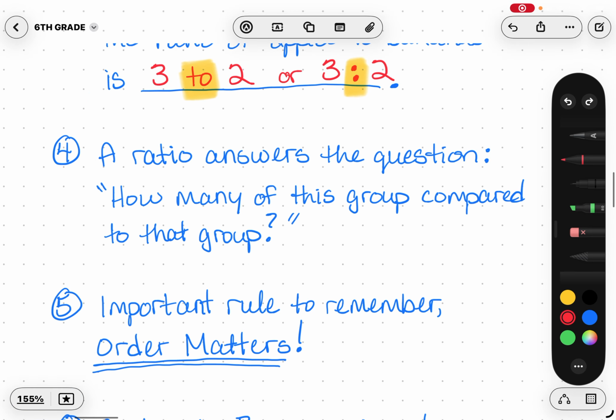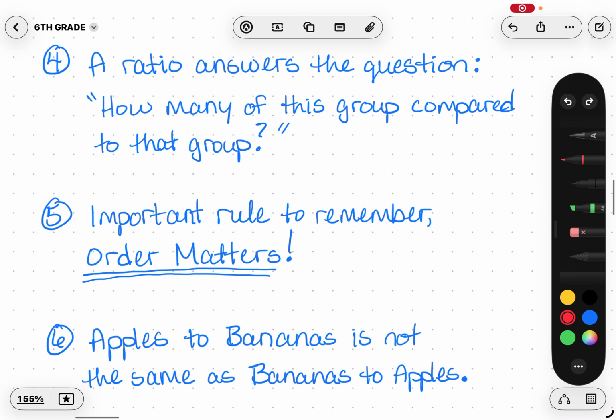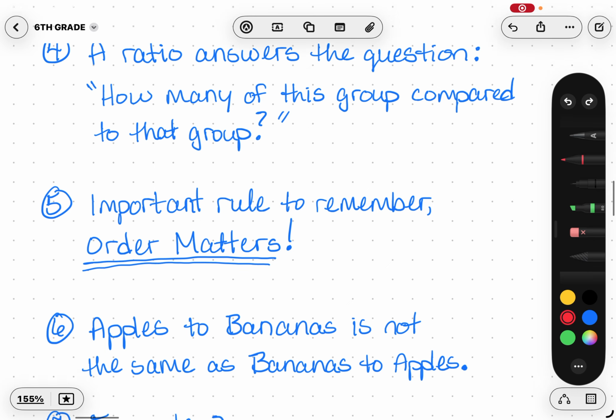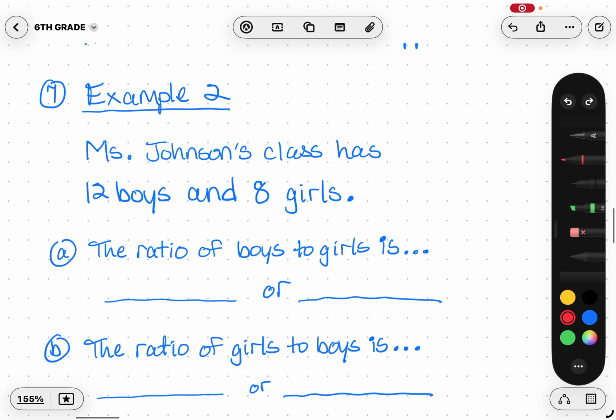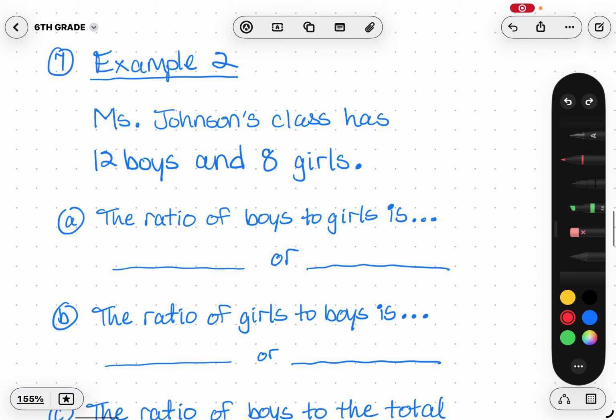All right. Now, there is an important rule to remember, that order matters. Therefore, apples to bananas is not the same as bananas to apples, okay? But to emphasize that, we're going to take a look at example 2. Okay, example 2 says, Miss Johnson's class has 12 boys and 8 girls.